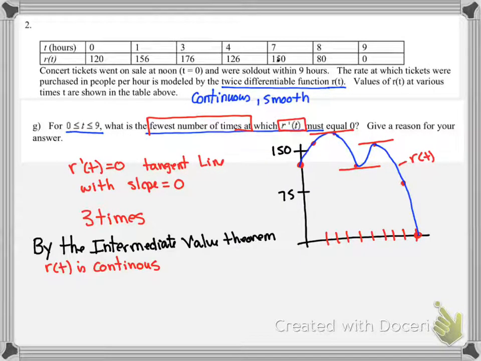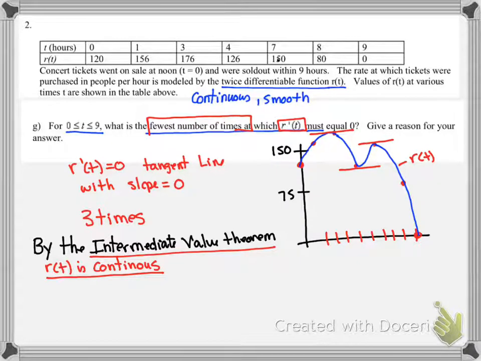So there's lots of different ways to prove this or to justify it, but they're all pretty tricky. One would be that you could say by the intermediate value theorem, and you'd want to say R(t) is continuous, because that's got to be true for the intermediate value theorem to apply.